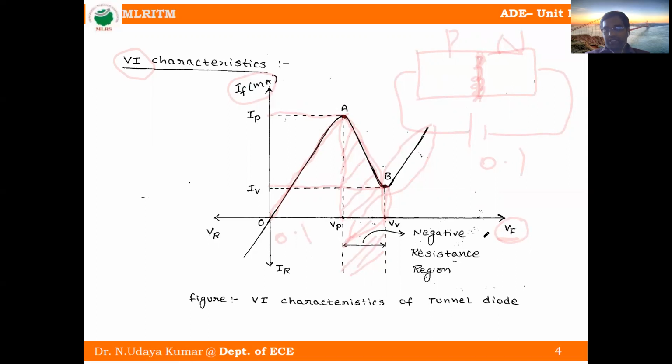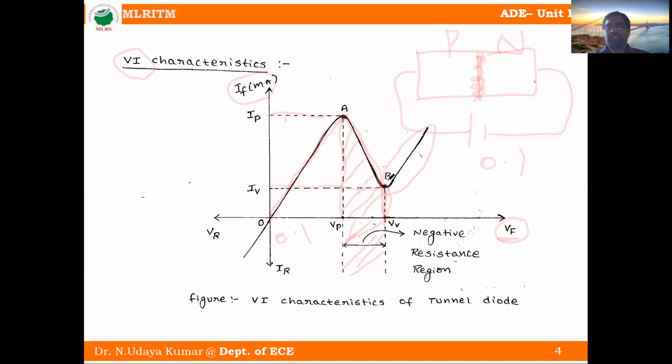Again, as we increase the forward voltage, current decreases up to a point B. That point we call the valley current, and the corresponding voltage is the valley voltage. Again, as we increase the forward voltage, current increases like a normal diode. So this is the characteristic of the tunnel diode.